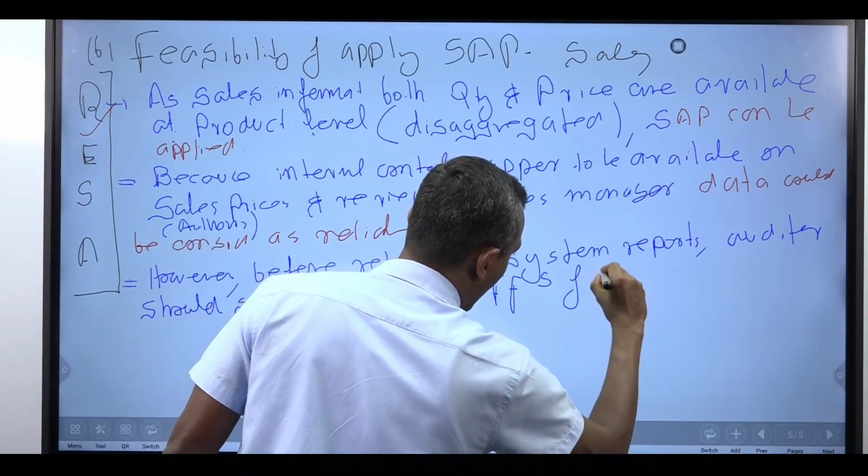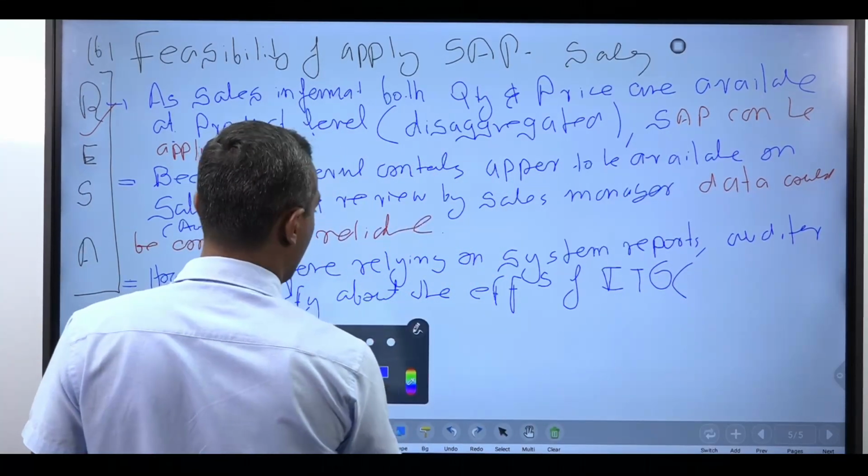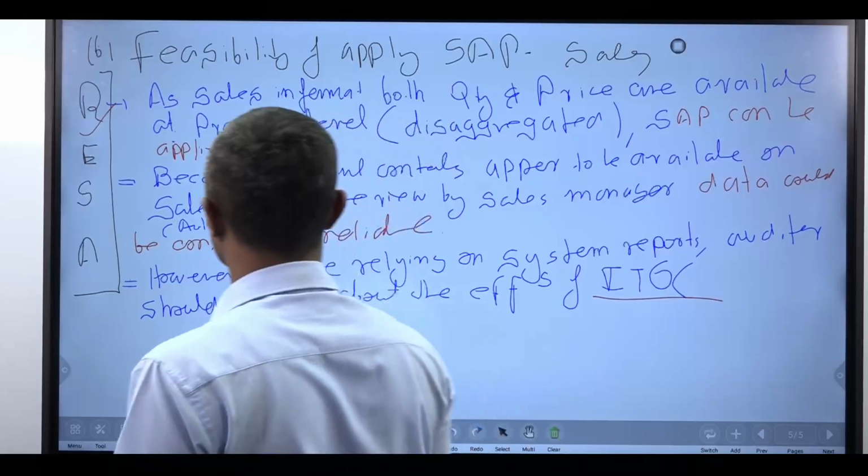Effectiveness of ITGC, in red, very critical, right?